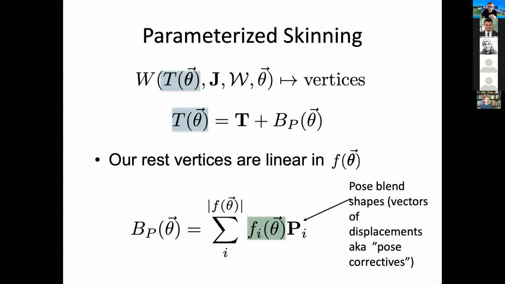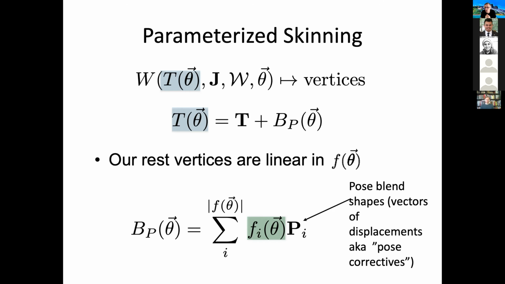And so what should B_P be? We want to keep everything linear to keep it simple. So it's going to be a linear combination of some pose blend shapes. These are just going to be a vector of 21,000 numbers again. Some people call them pose correctives, all right?